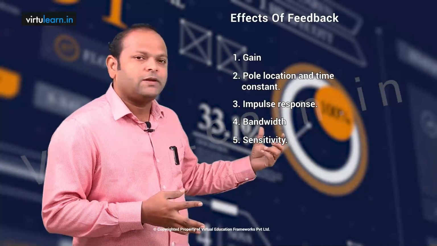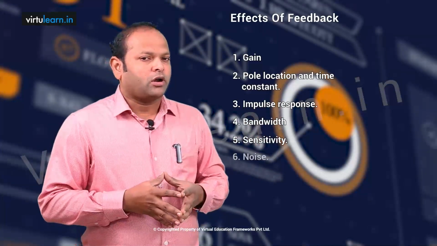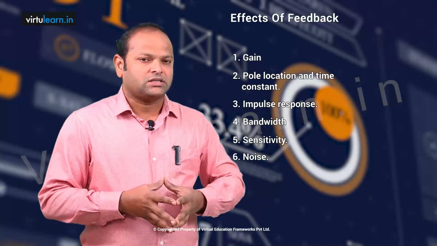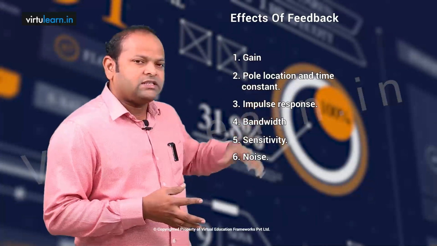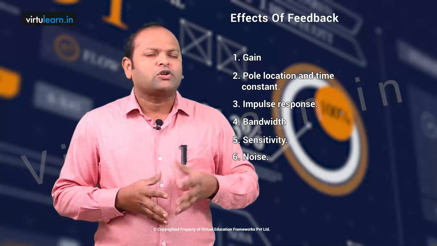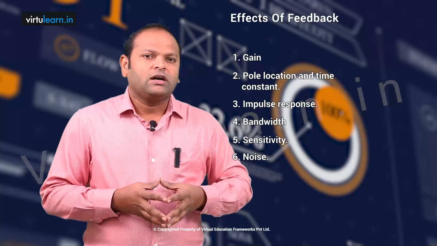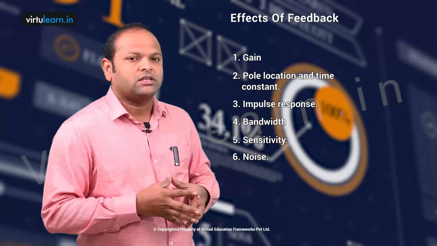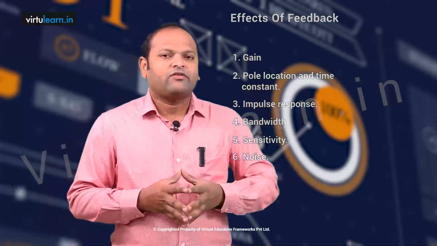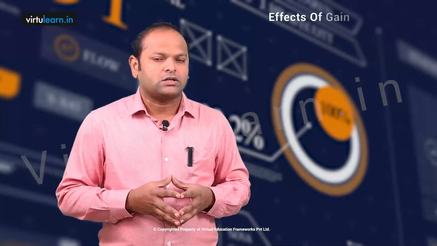And also we will see what is the effect of feedback on noise or disturbance on the system. So not only this, what will be the effect of positive feedback, which is also called regenerative feedback, on the system. Now let us start with the effect of gain on control system.